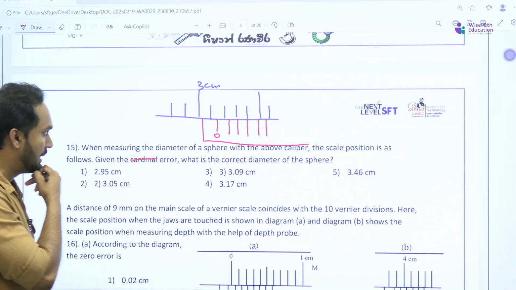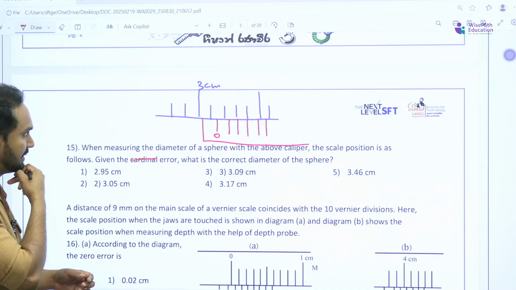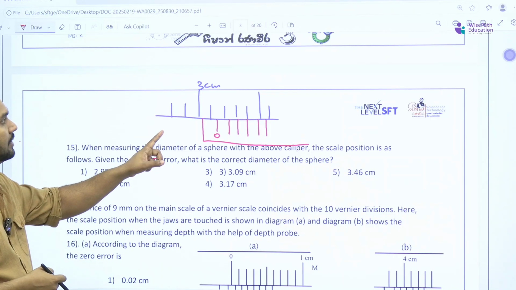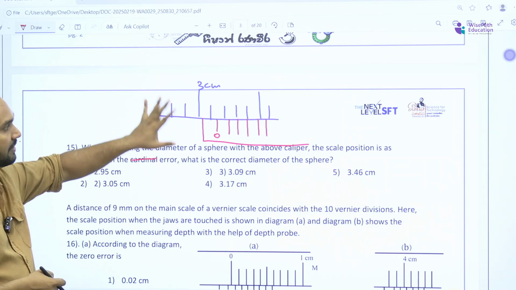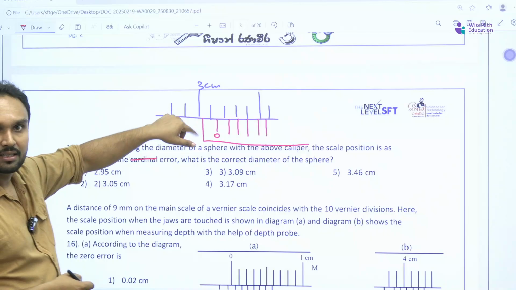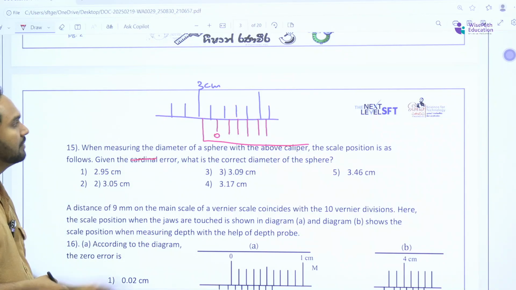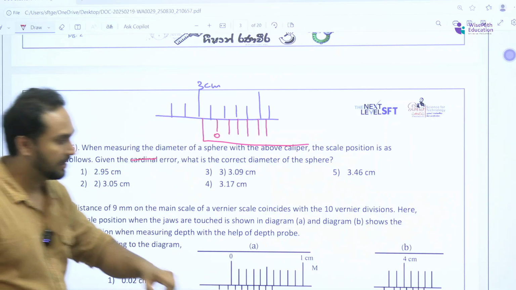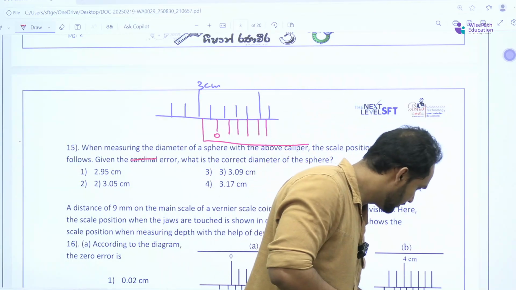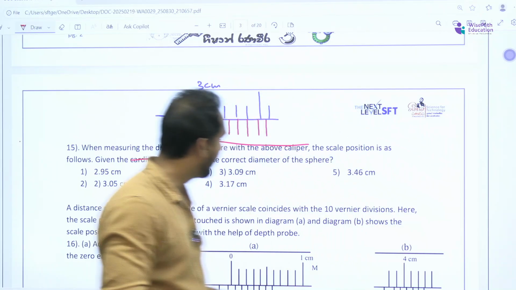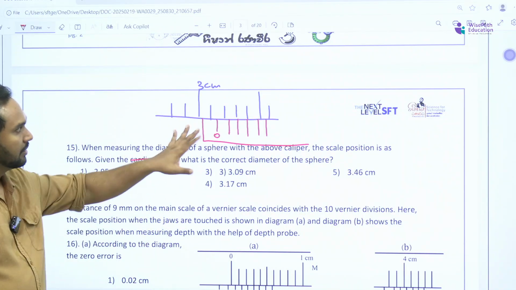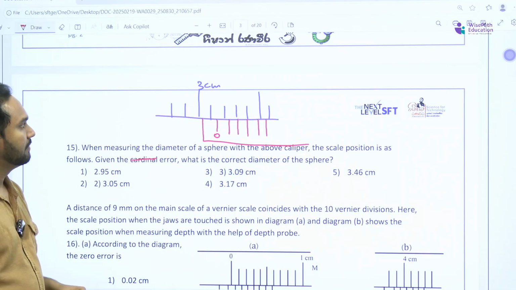And now this is the thing. So they have measured with that instrument which had a zero error. Now we have to consider the zero error and take the measurement, and we have to correct the measurement as well. Now what we get here will be a value with an error, right?